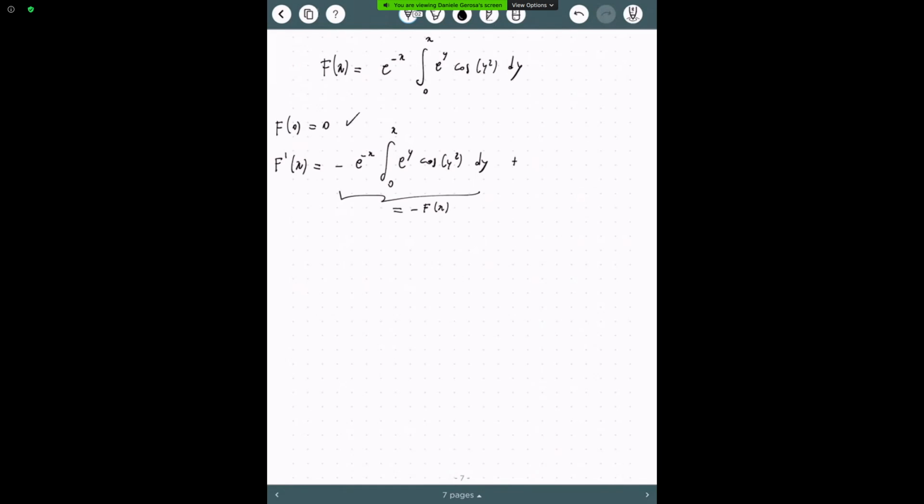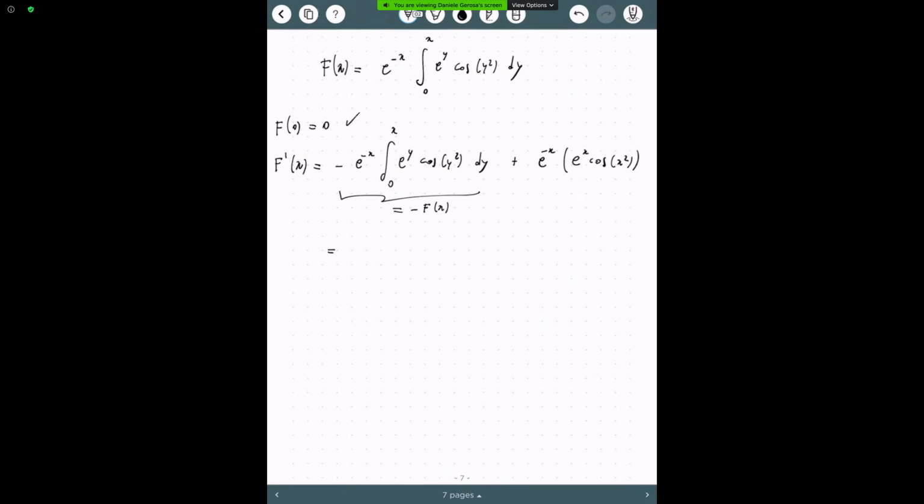Then we use the fundamental theorem of calculus, and we get that this is e to the minus x times e to the x cosine of x squared. This is what the fundamental theorem of calculus is telling you, right?